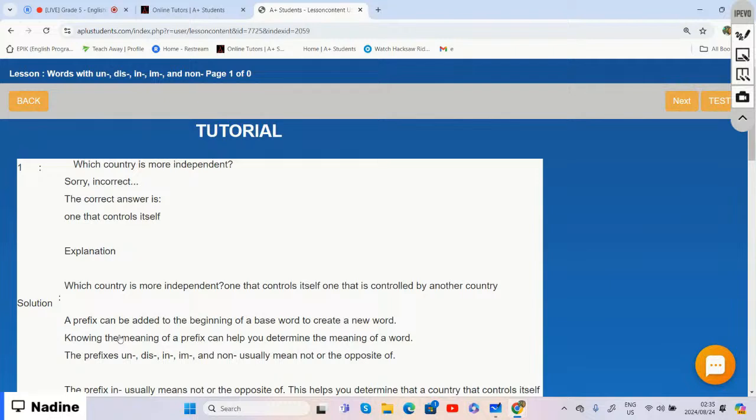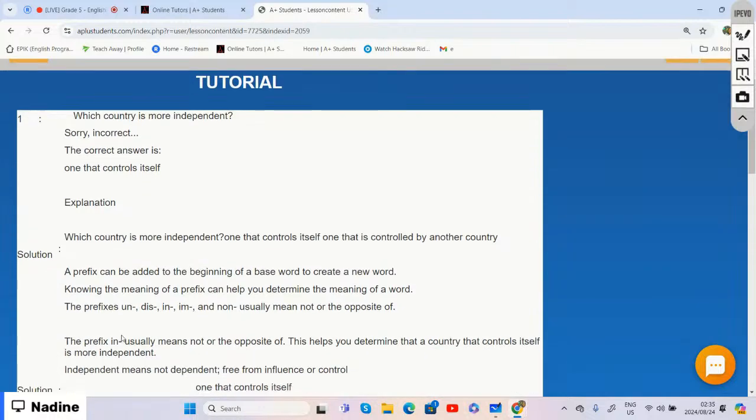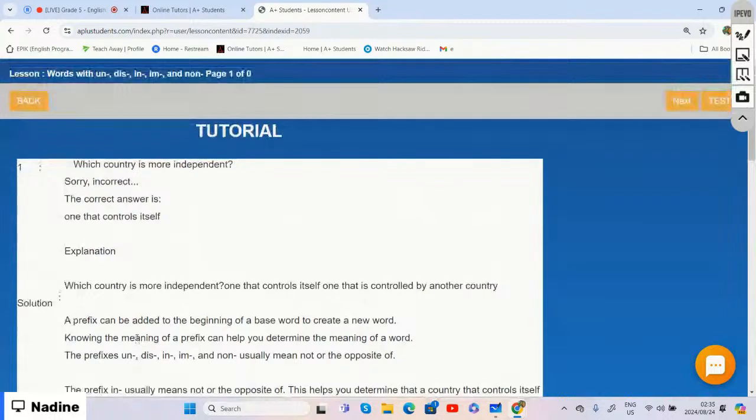All right, so we said that prefixes with un, dis, in, im, and non usually mean not, or they mean the opposite of something, right? So if we, for example, say which country is more independent, and then we can say it is one that controls itself. They are independent.